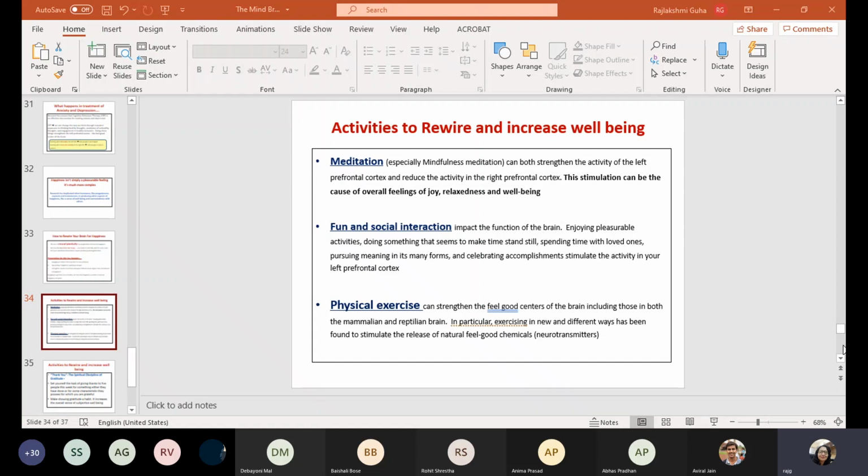Please lower your hand. Okay, so can you give me an example of sensory deprivation for months together? Or an example of an artificial environment where natural stimuli are absent for months together, days together?